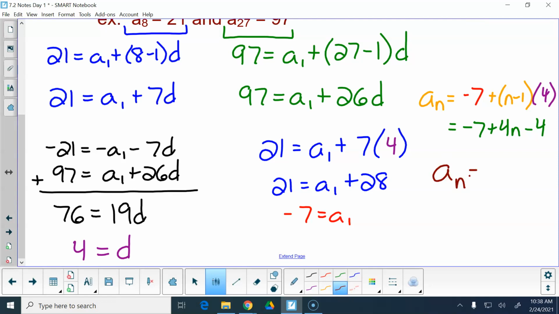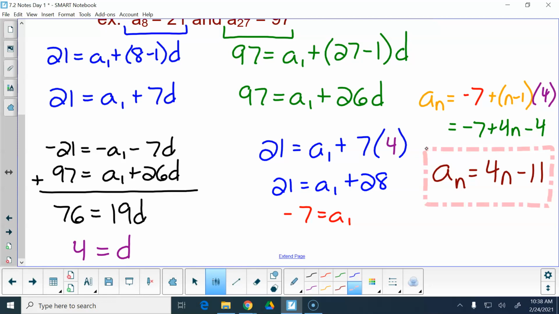Here a sub n is 4n minus 11. Okay. And we can find the rule given two terms.